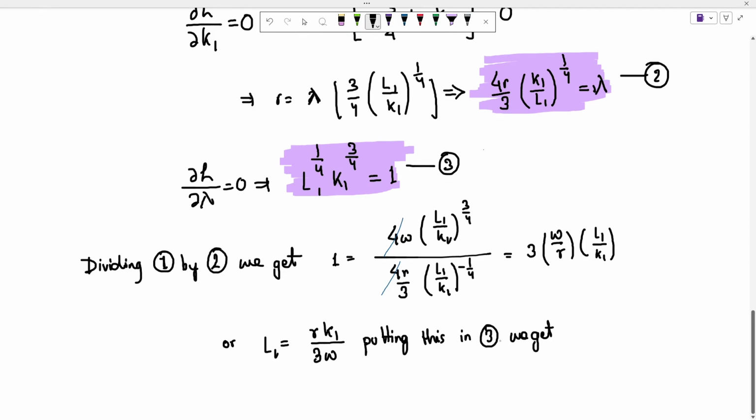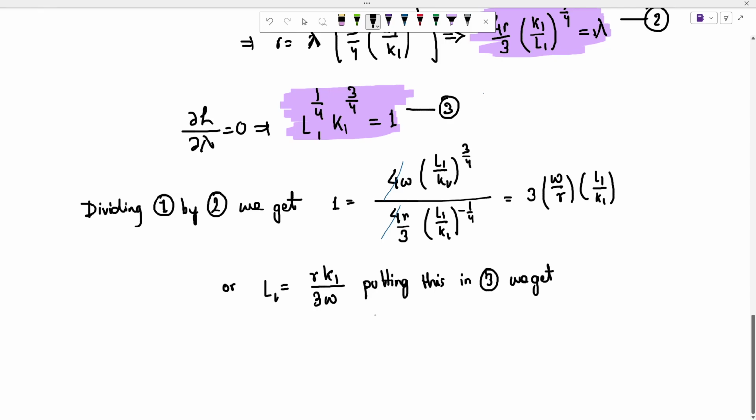We'll get the L1 star, which is nothing but the conditional demand for factor input L. So we get R times K1 by 3 wage, whole to the power 1 by 4, K1 to the power 3 by 4 equals 1.